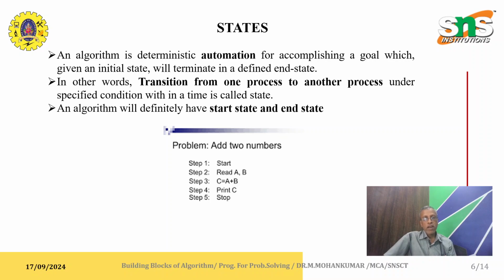Keep it in memory. An algorithm will definitely have a start state and an end state, because a process of activities will take some starting time, and to get the result we need some end state, that is the stop state.